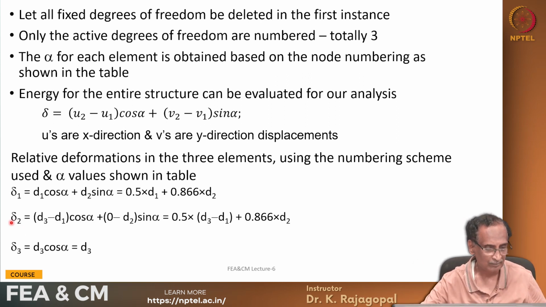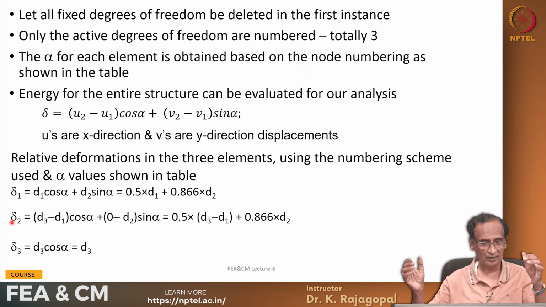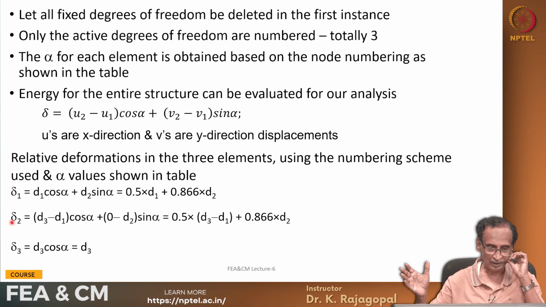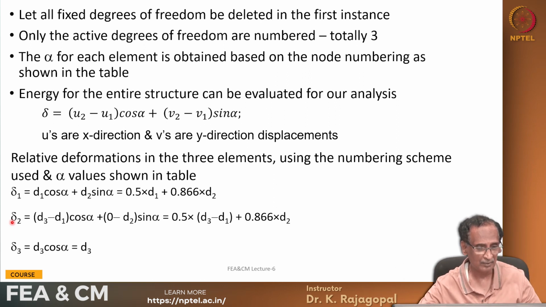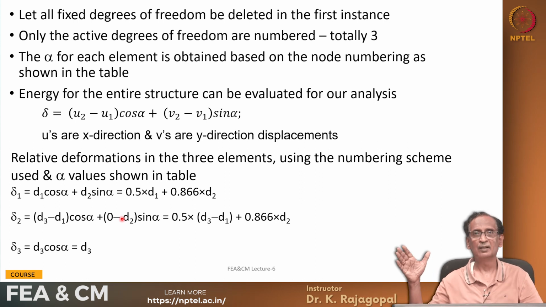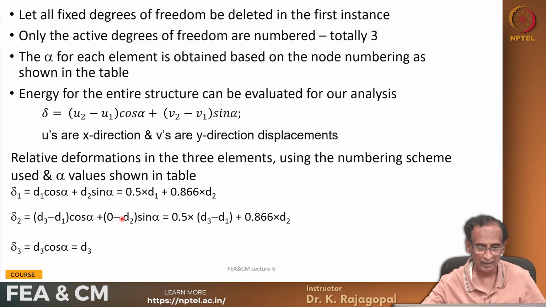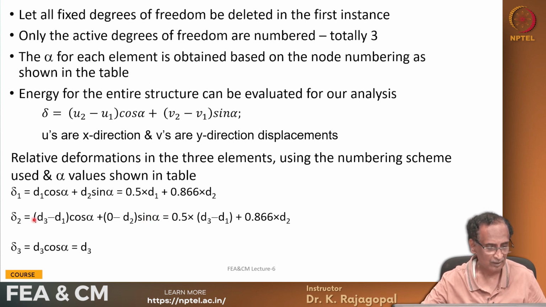So our delta 2, the relative deformation in element 2, is d3 minus d1 times cosine alpha, that is the relative x direction displacement, plus 0 minus d2 sine alpha. The 0 is the displacement at node 3 in the y direction, d2 is the y direction displacement at node 2, and it just so happens that sine alpha is minus 0.866 for this element 2.